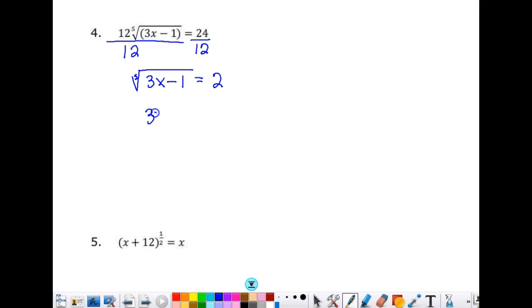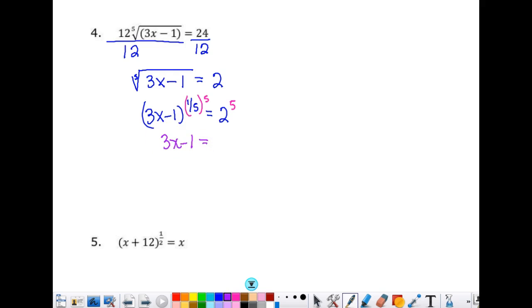Now, let's change this. 3x minus 1 to the 1/5 equals 2. Okay, so then do it by the 5th power to get it to cancel out. Raise that to the 5th power. Okay, not 10. Be careful.